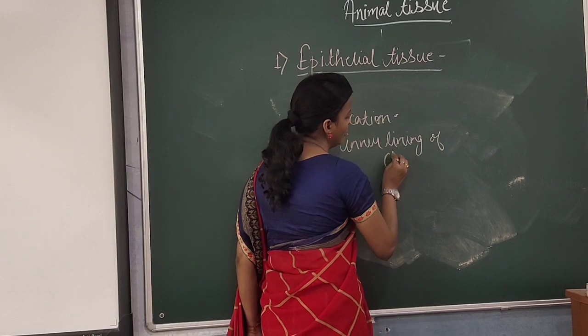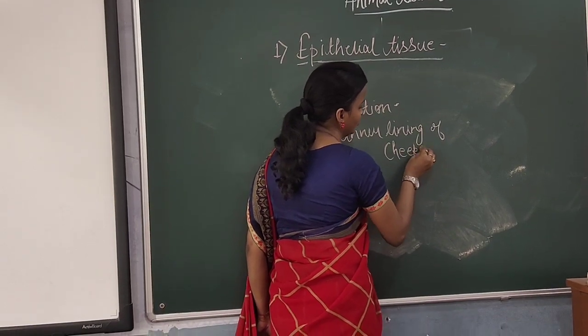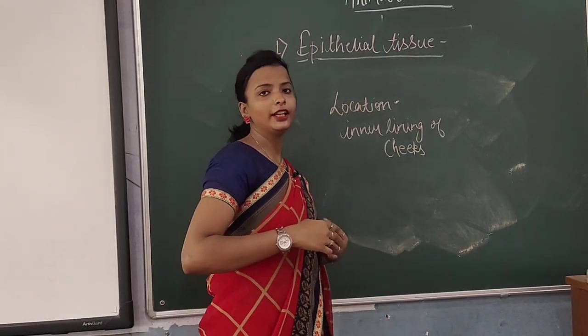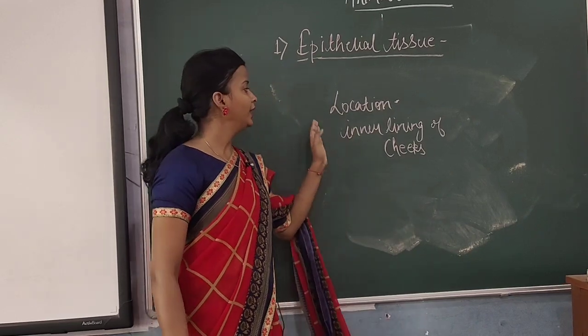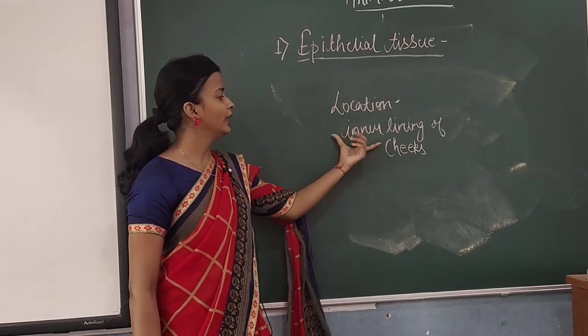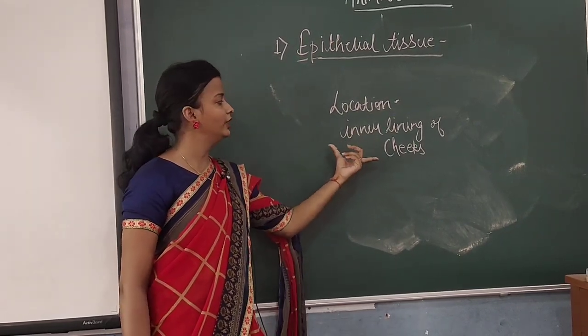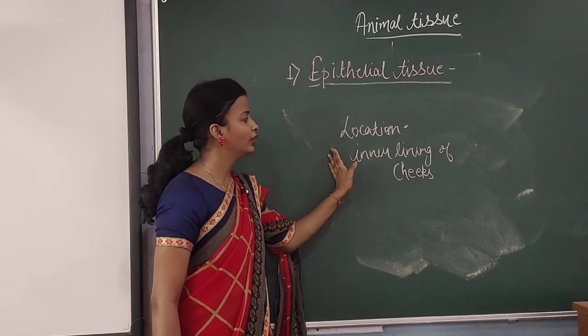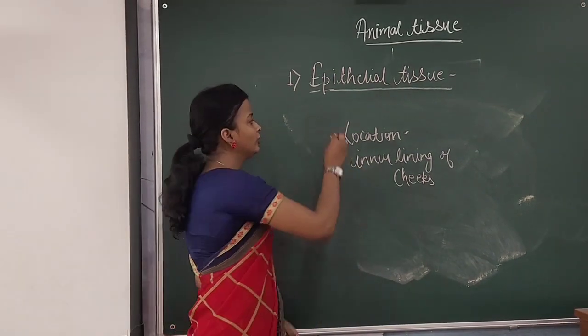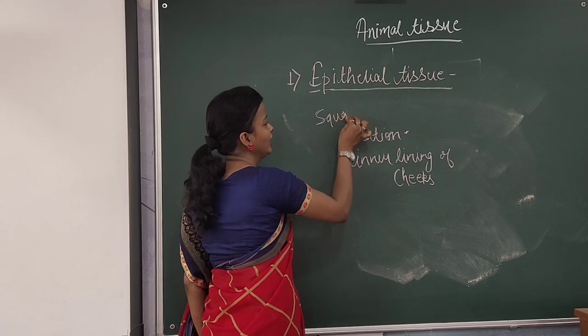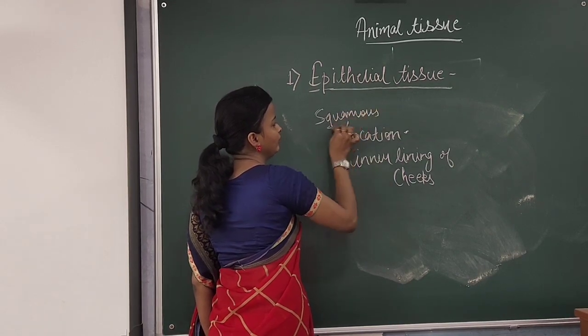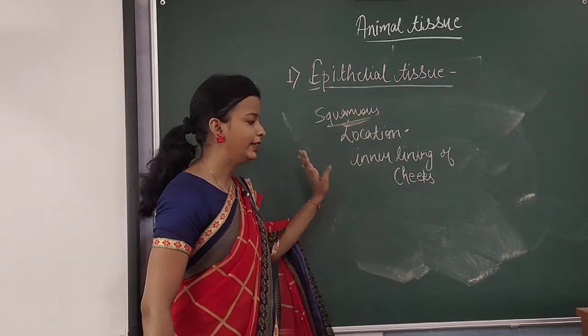Though epithelial tissue is present in the epidermis also, in your book it is given that they are present on the inner lining of the cheeks. So please consider this example. This is of squamous epithelial I am talking. So this was about the squamous epithelial tissue.